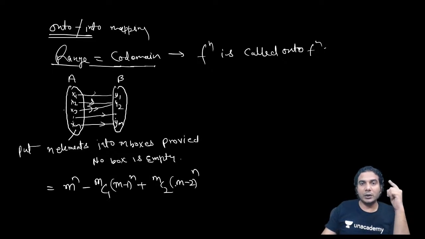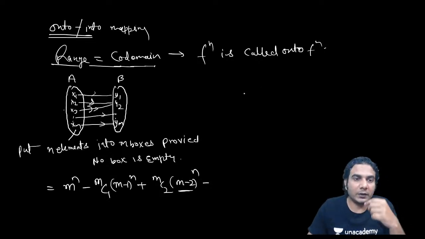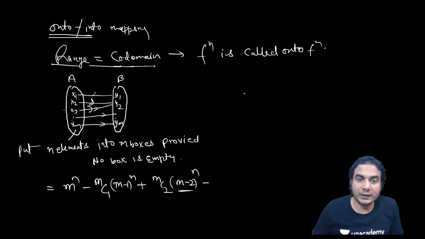This will count all those cases in which two boxes are empty. And apart from that, the three boxes empty case will also be included in this. Alternate, keep doing this. This is the inclusion-exclusion principle, until this becomes one. All right. So this is the formula for onto function, and questions come directly from this formula.